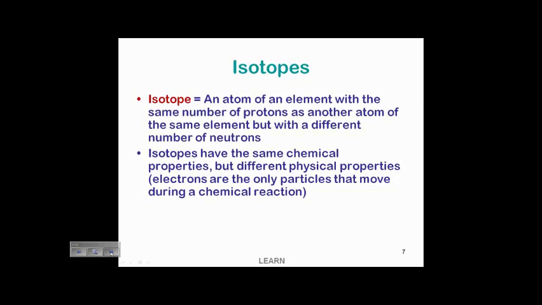Isotopes of oxygen all have the same number of protons, 8, but the number of neutrons could change. Some might have 7 neutrons, some 8, some even 9. Those are all isotopes of oxygen. They have the same chemical properties, but physically they're a little different, and that is something to note about isotopes.